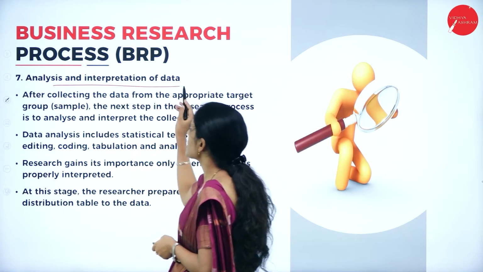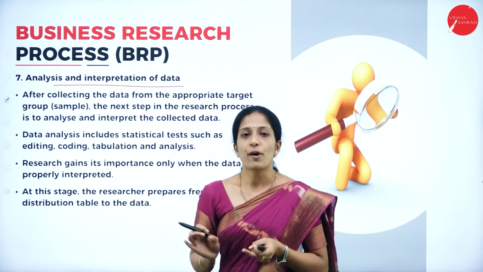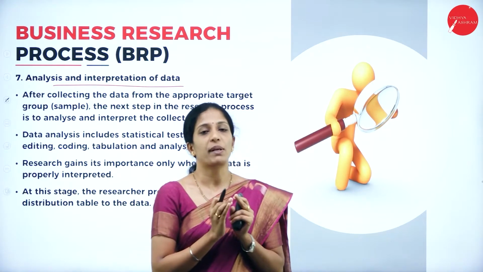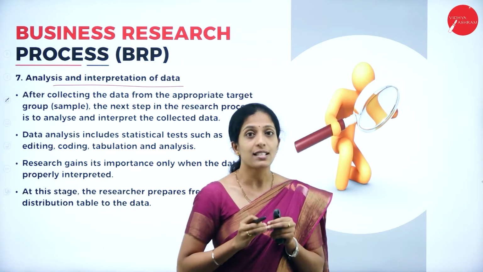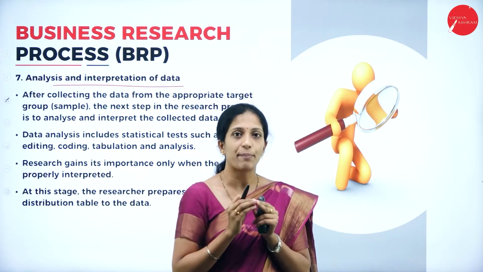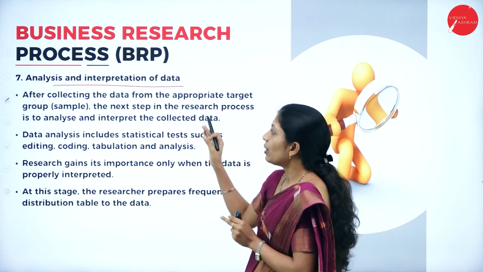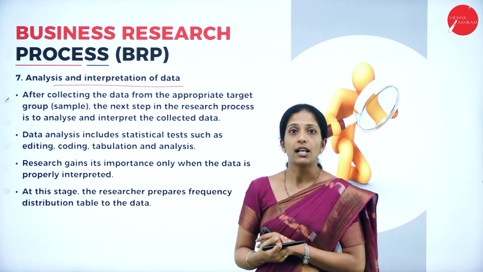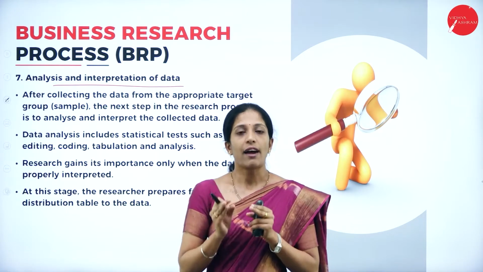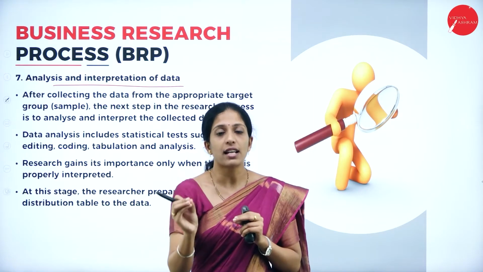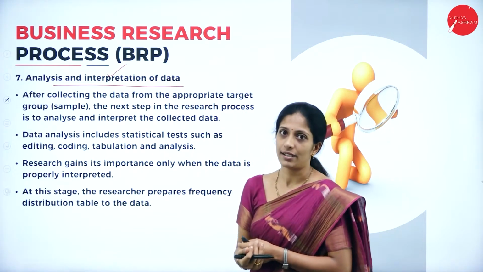Next one is analysis and interpretation of data. Instead of going through the whole population, I have selected a group of people, called the sample, which represents the universe, and collected the information from them. Whatever information I have collected is not in an understandable manner, so I have to make my research work understandable by analyzing and interpreting the data.